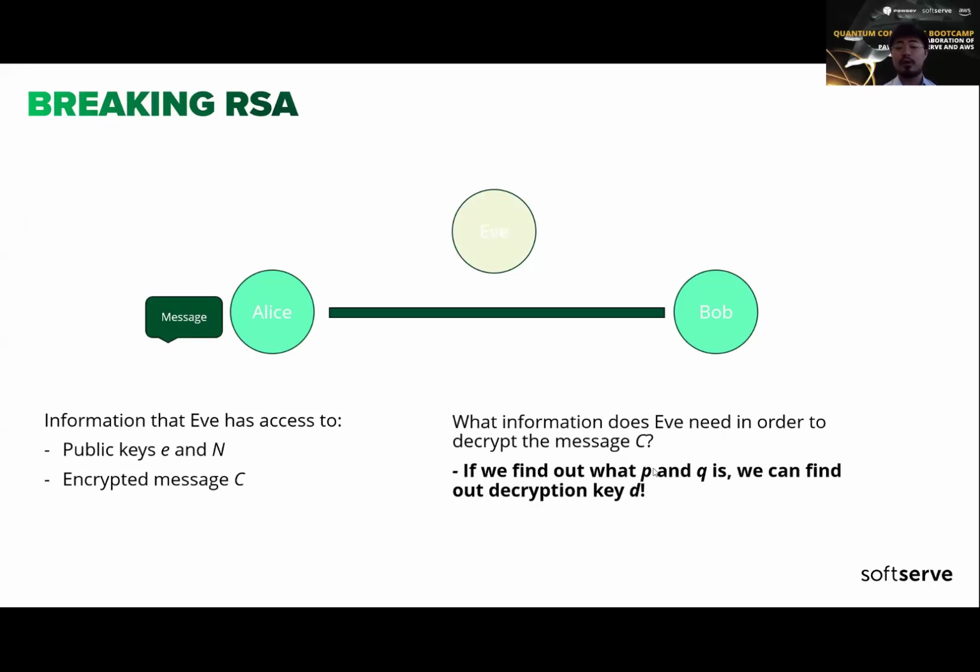If Eve can break that down into P and Q, and she knows what the two primes are, she now has a copy of the private key that Bob has. So Shor's algorithm is really an algorithm for prime factorization.